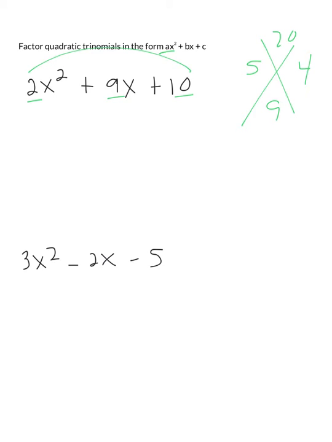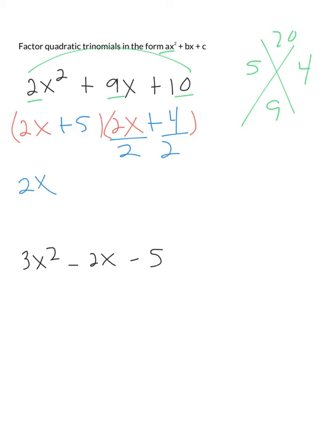Remember that we're going to start off the parentheses with 2x because of the method we're doing. Plus 5, plus 4. Over here we can divide by 2. We have 2x plus 5, x plus 2.